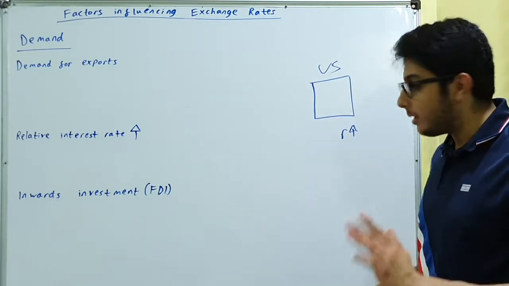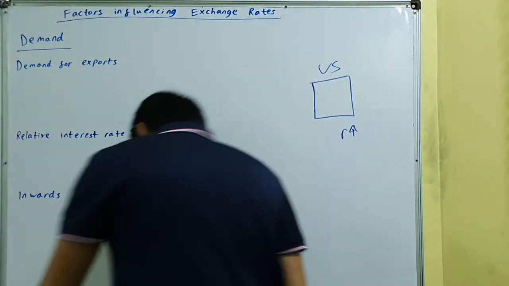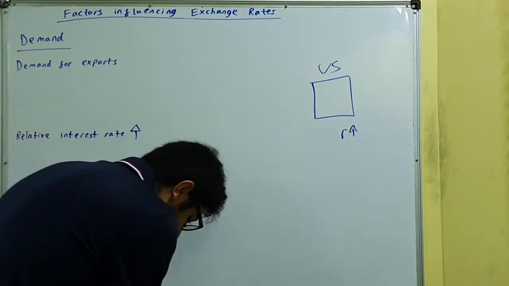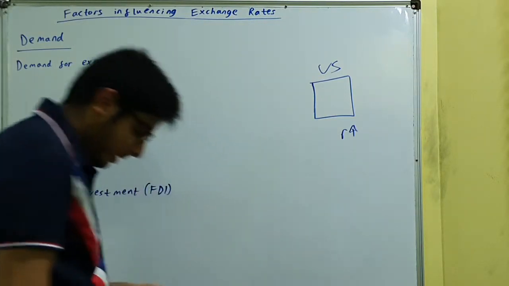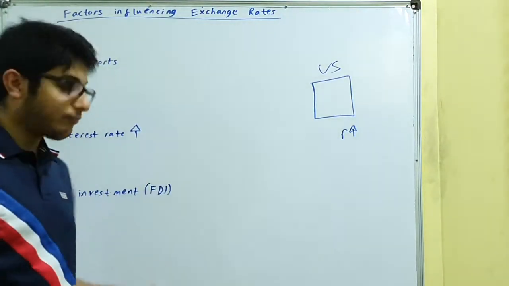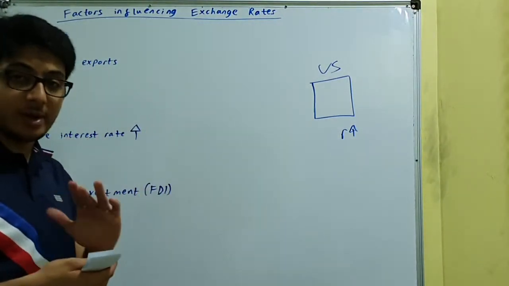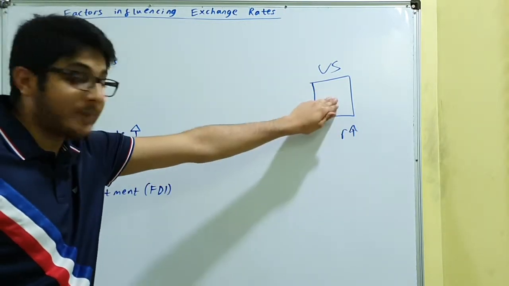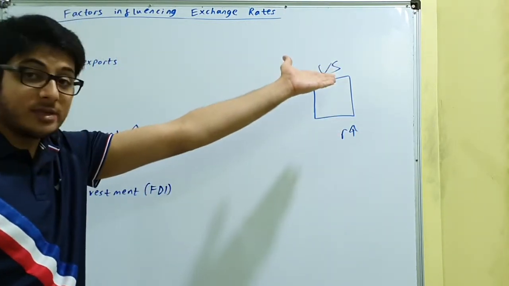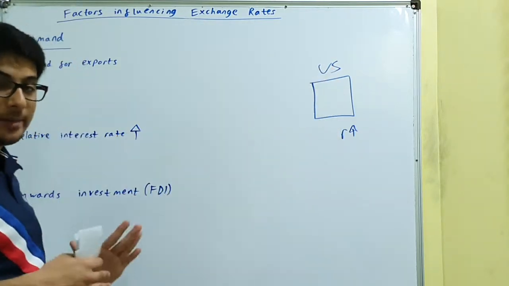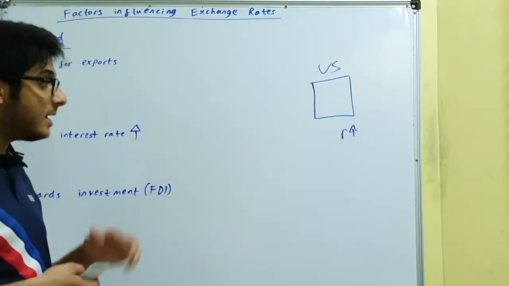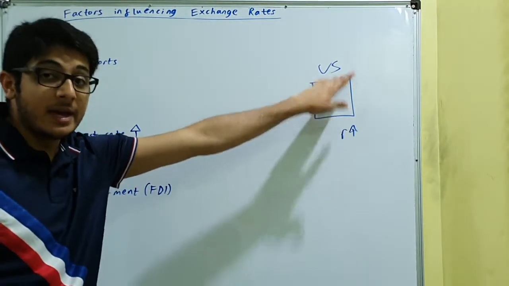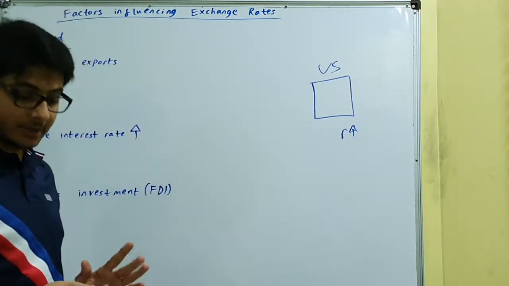In the dollar. So let's say we have some UK investors or speculators, they have pounds. They want to save their money in US banks now because interest rates in US banks have gone up relative to interest rates in UK banks. That means they're going to get a higher return on their savings in US banks in comparison to UK banks.